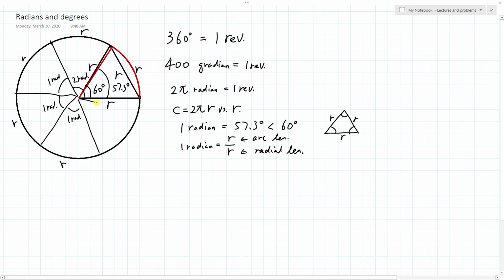And then you get over here, this is another r and another radian. So you got 1, 2, 3, 4, 5, 6, and there's a little bit left, 0.28 radians. Right. So that's how you express an angle in terms of an arc length divided by this radial length.